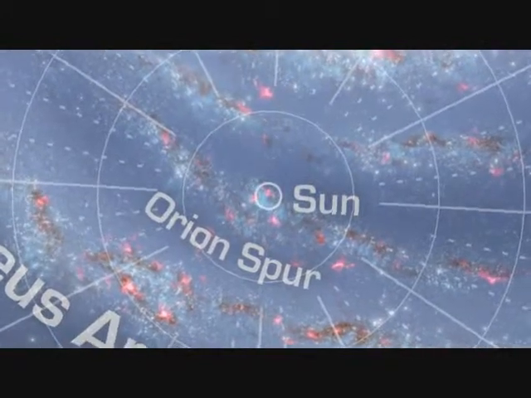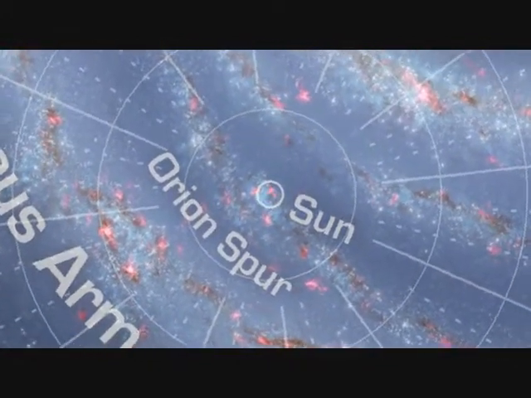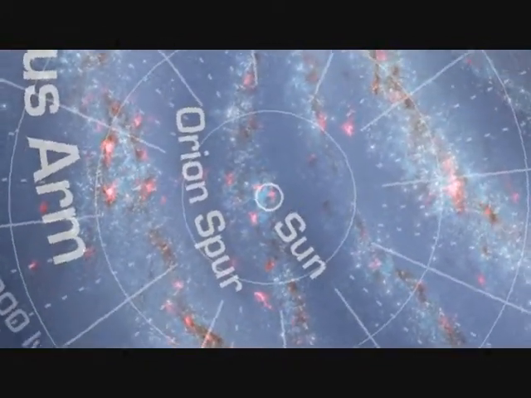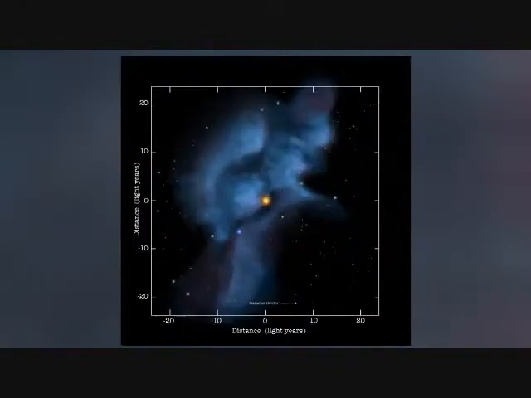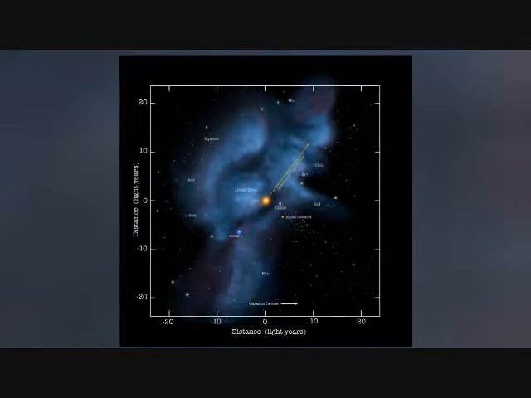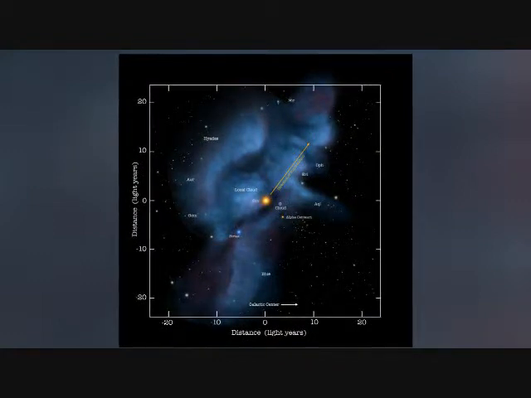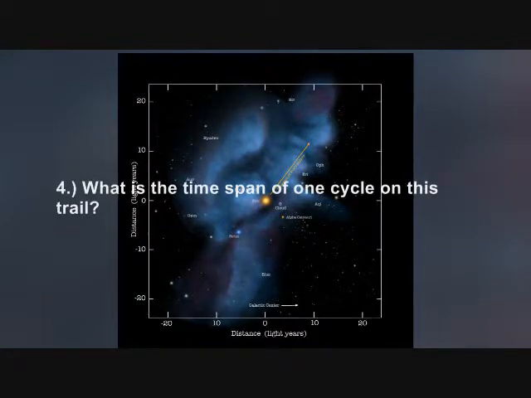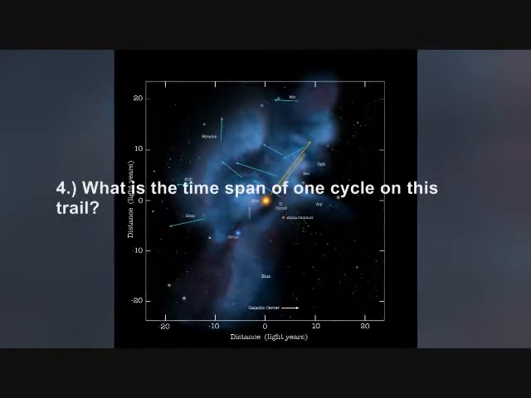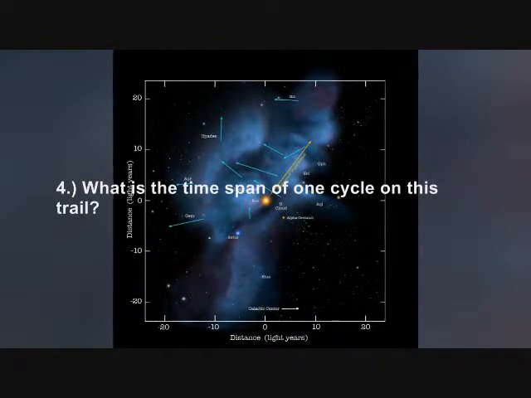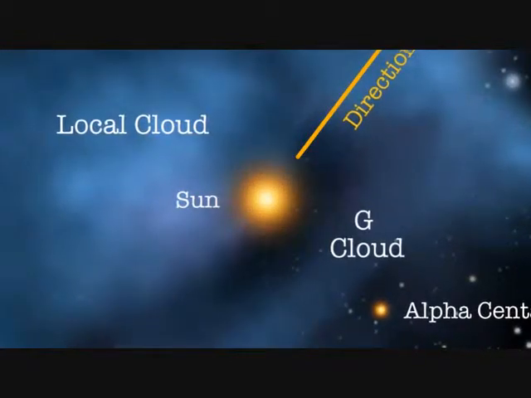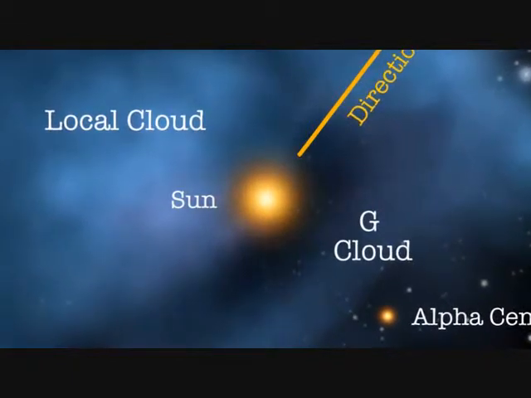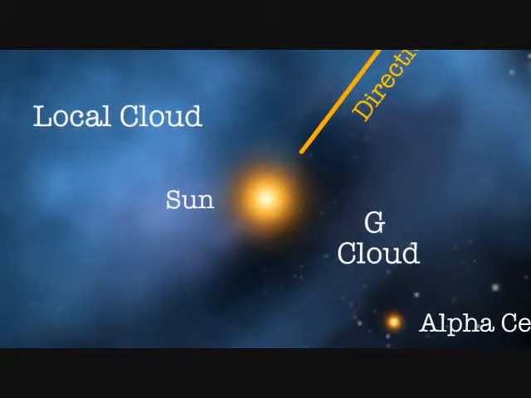And when we're in a period of cold, we're also in a period of intense cosmic radiation, which I suppose, correct me if I'm wrong, could increase the rate of mutations. What is the time span of one cycle? How long does it take before the Earth spikes hot again?